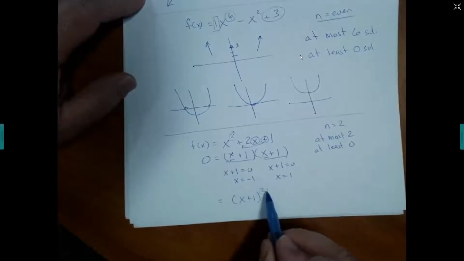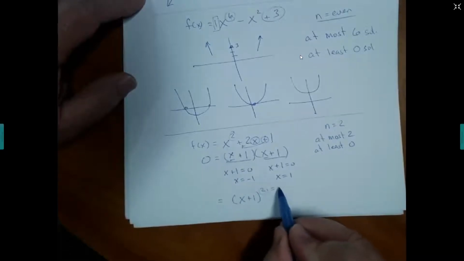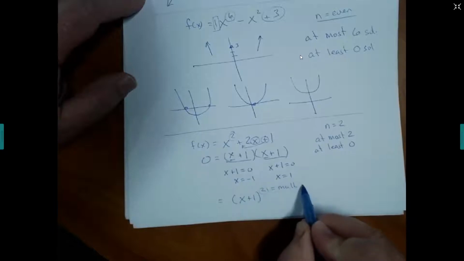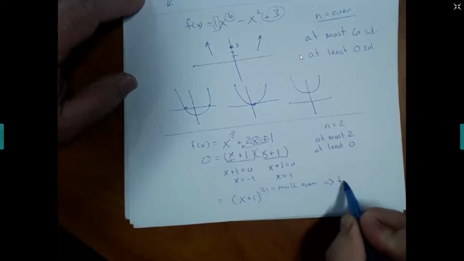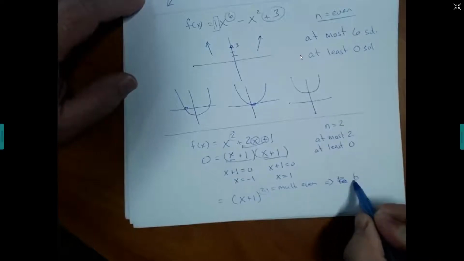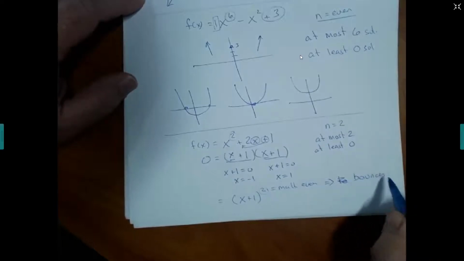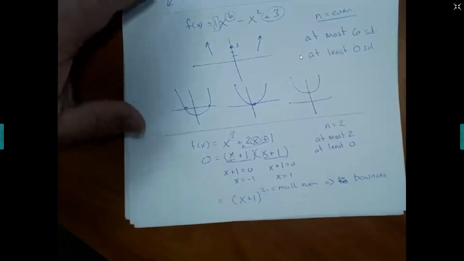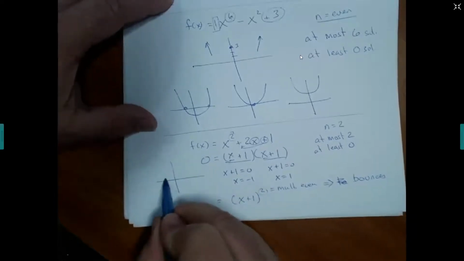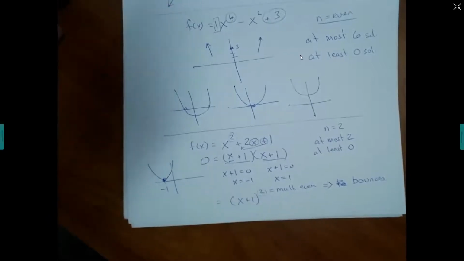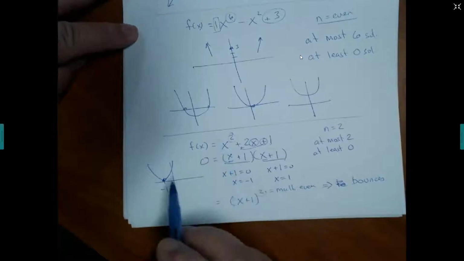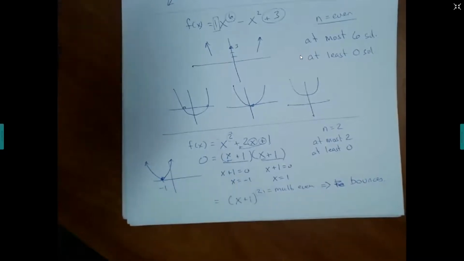And anytime the multiplicity is even, it bounces on the x-axis. I like bounces better. So our graph bounces from there at -1. And since it's positive, it opens up. That's what a multiplicity tells us at that point.